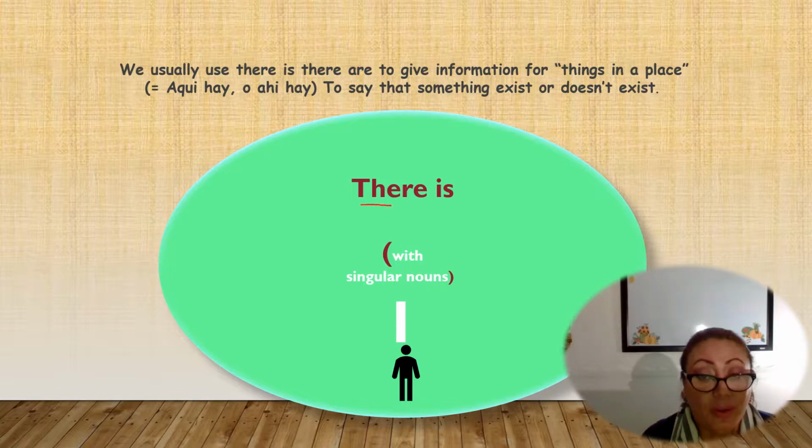Only there is with singular nouns. One book, one orange, one banana, one car, one pen. All right? Okay.